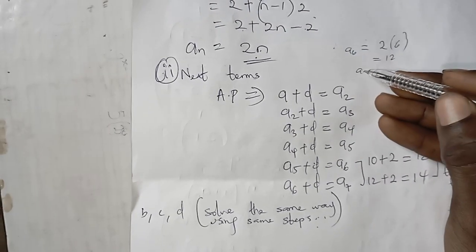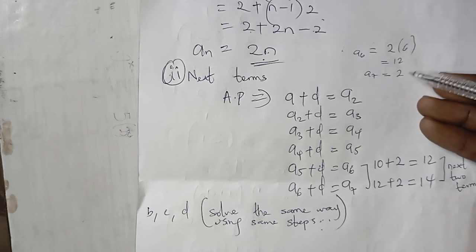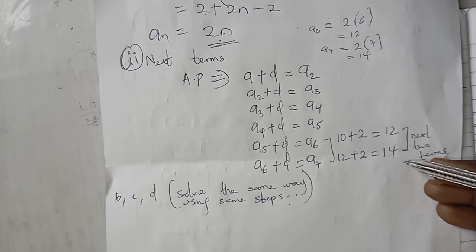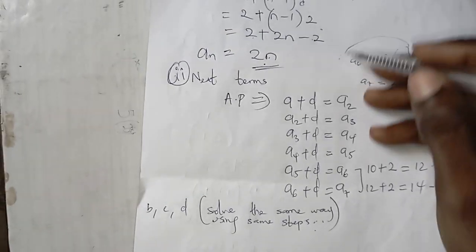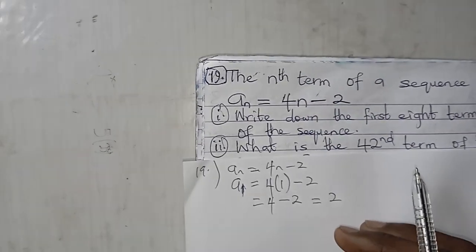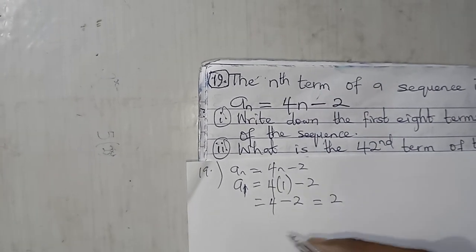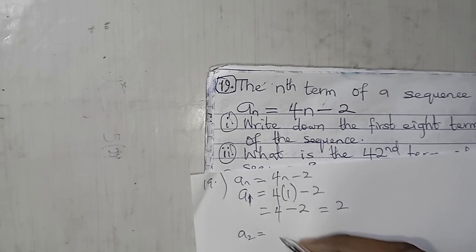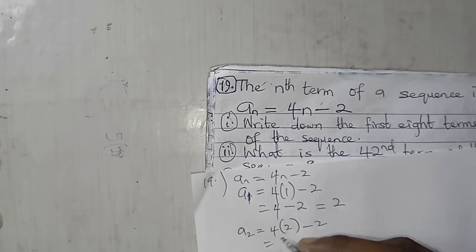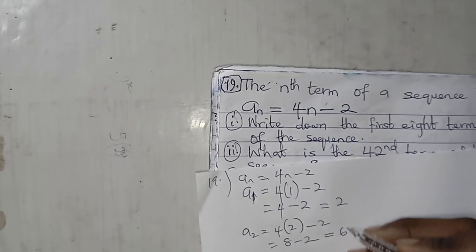If we say a7, which is 2 times 7, it will give us 14, which is this 14. So since they gave us this, the first term will be this, second term a2 will be 4 times 2, n becomes 2, minus 2, so 8 minus 2, 6.